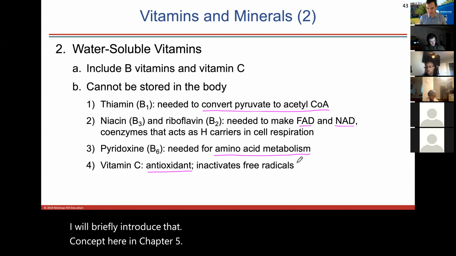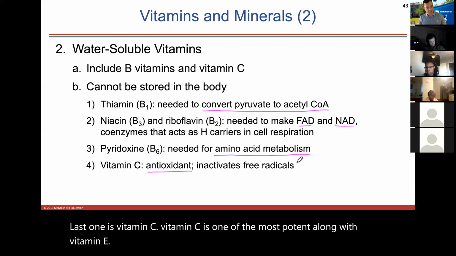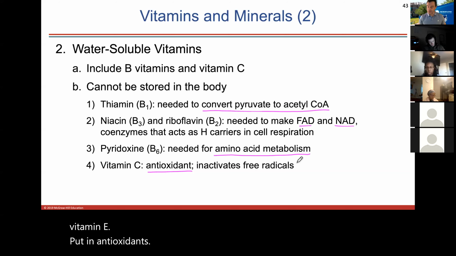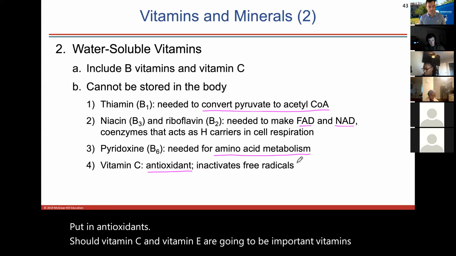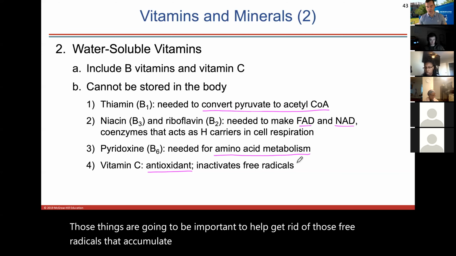Last one is vitamin C. Vitamin C is one of the most potent, along with vitamin E, potent antioxidants. So vitamin C and vitamin E are going to be important. Vitamin E is fat soluble. Those things are going to be important to help get rid of those free radicals that accumulate during the process of cellular respiration.